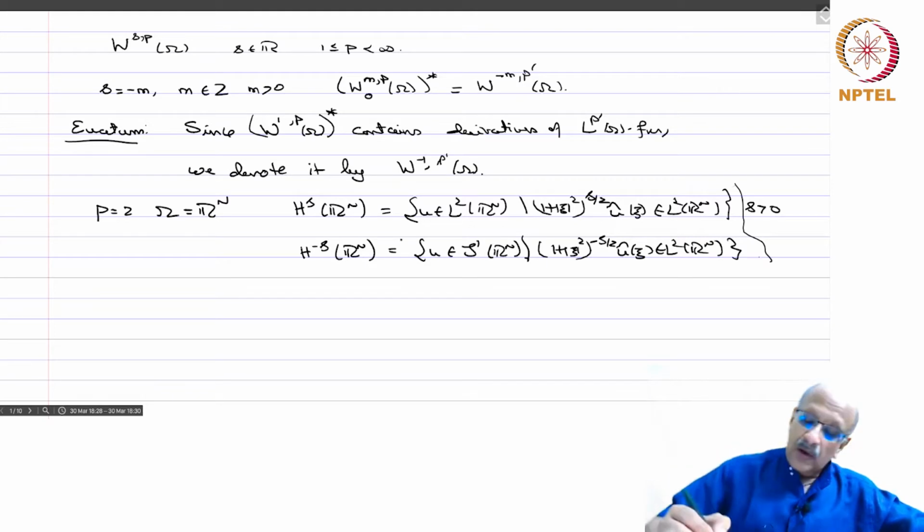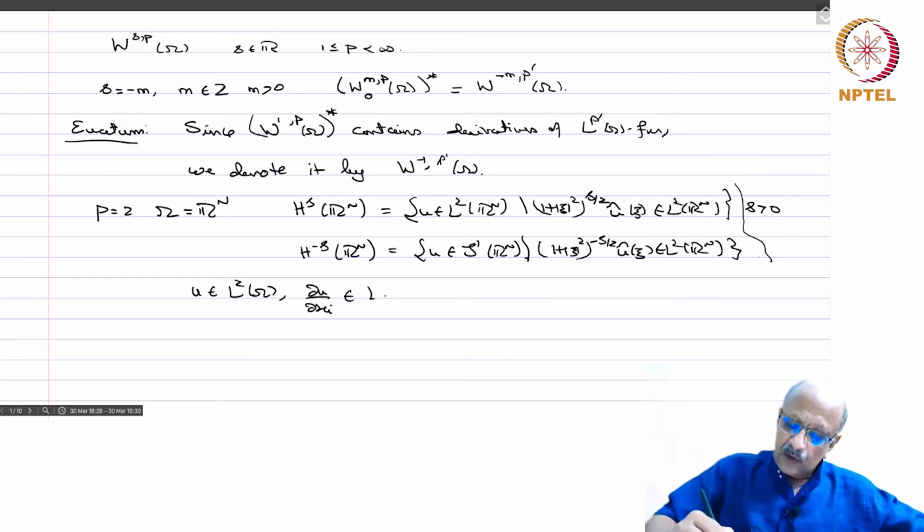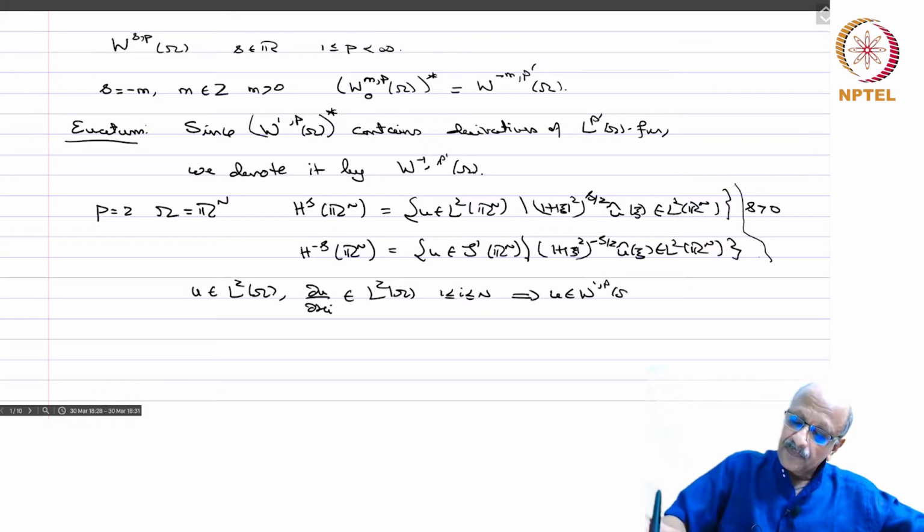So now, by definition, if u is in L2(Ω) and ∂u/∂x_i are in L2(Ω), 1 ≤ i ≤ n, then by definition this means u is in W^{1,p}(Ω).